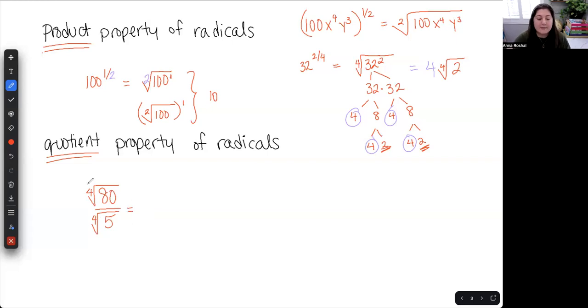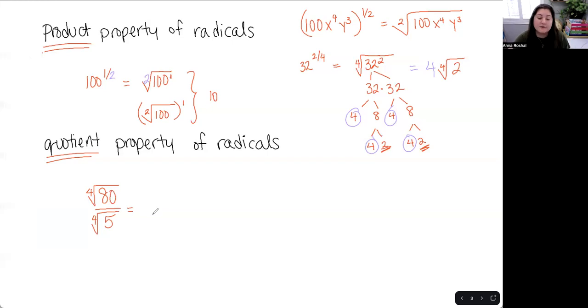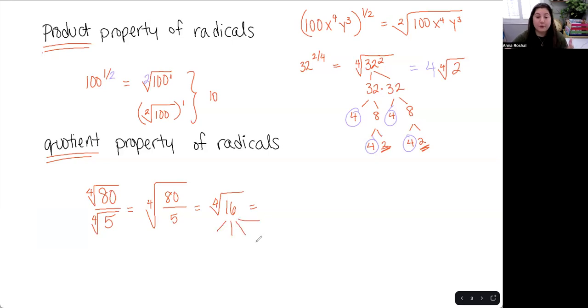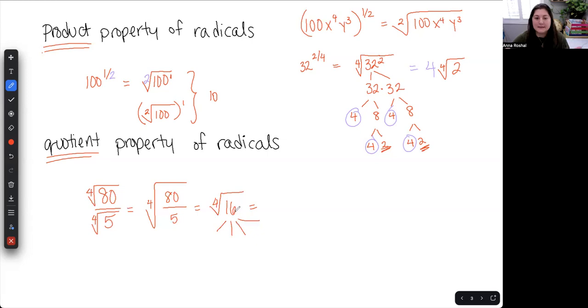So technically, because both of these have the fourth root, I can take this really big fourth root of 80 over 5. And what I know is that 5 goes into 80 16 times. So now I'm really looking just for the fourth root of 16. And then I'm going to say, okay, which number multiplies itself 4 times to get to 16?